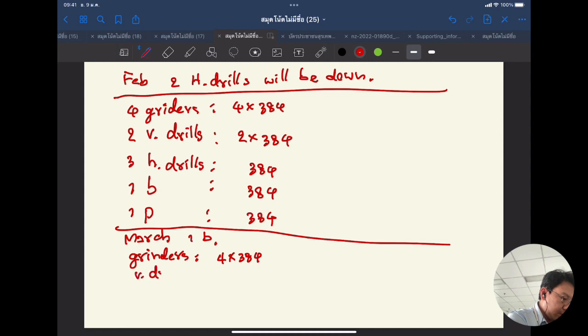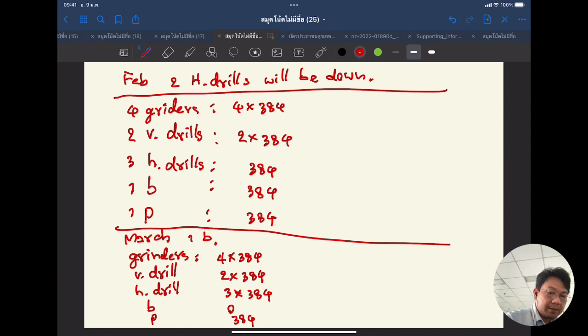For vertical drill we have 2 times 384. And horizontal drill, of course, we still have 3, so it should be 3 times 384. But we don't have borer, because borer will be down, so we have 0 borer. And what about planer? We have 384 planer.